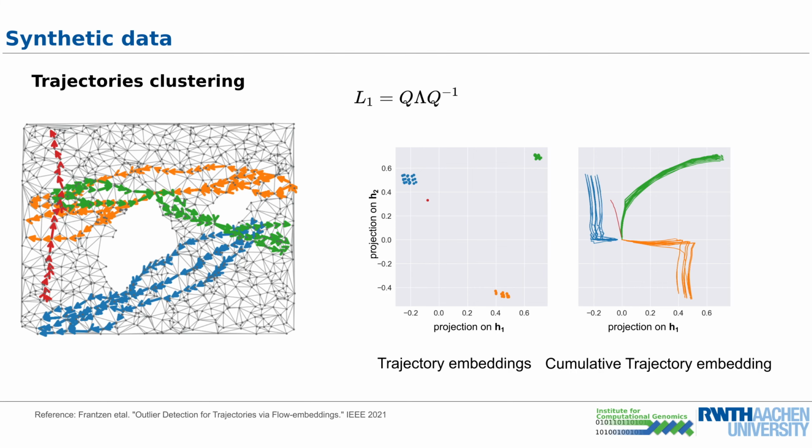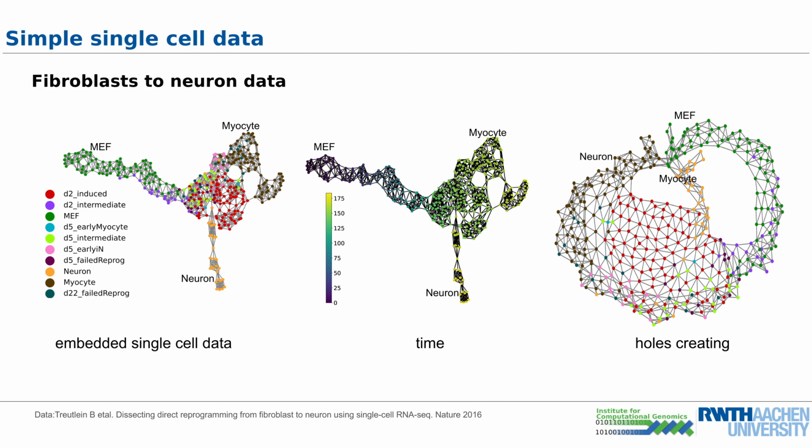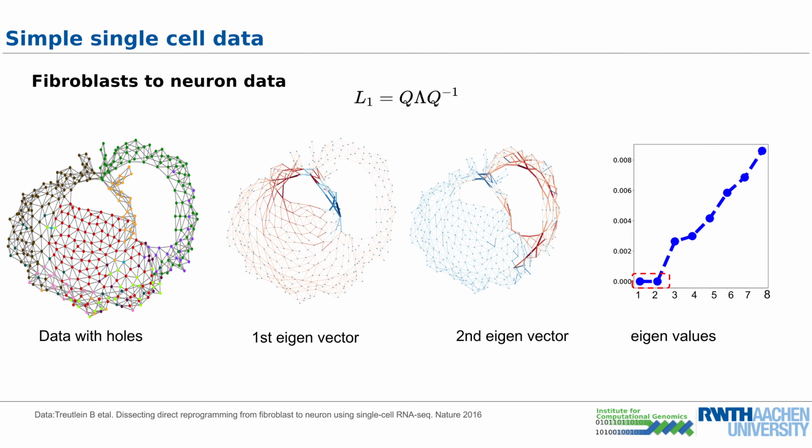For single cell data, we have tens of thousands of features. We applied several tricks to create the graph with 2 holes for this single cell data. So then we can apply Hodge Laplacian decomposition.